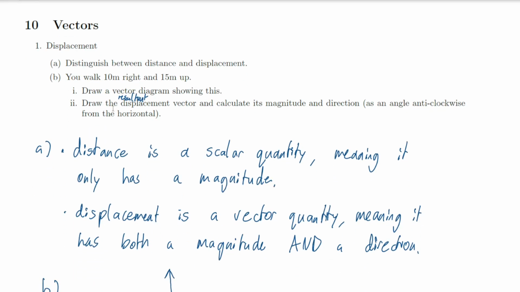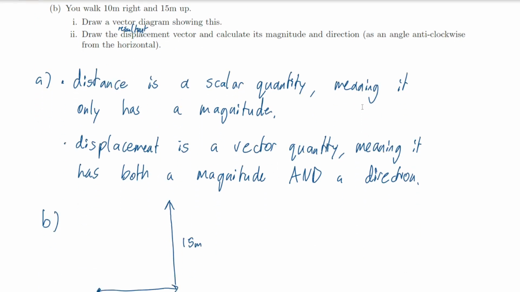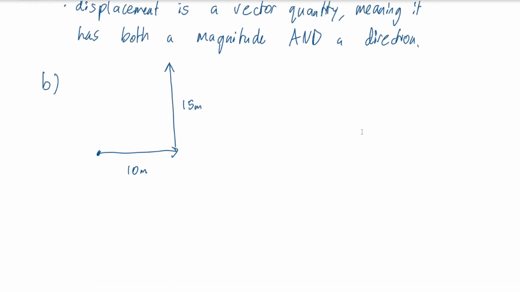Part 2, draw the resultant displacement vector, calculate its magnitude and direction. So the resultant displacement vector is the vector connecting the tail of the first leg to the head of the second leg.